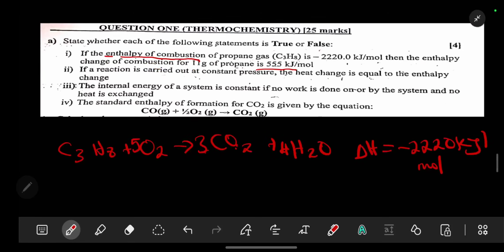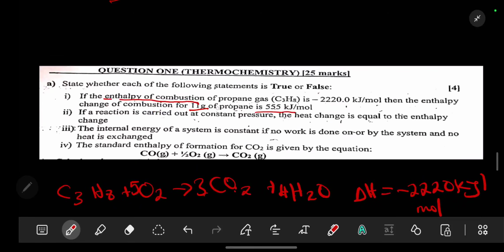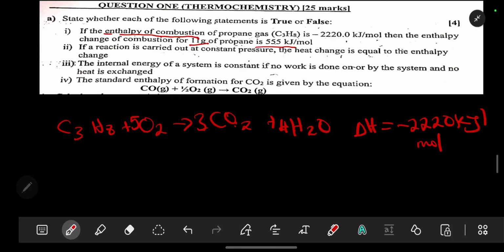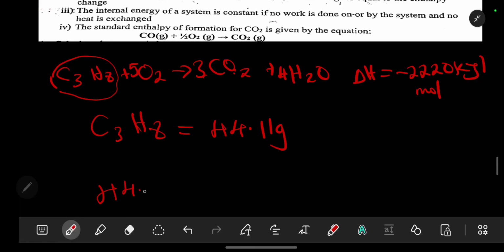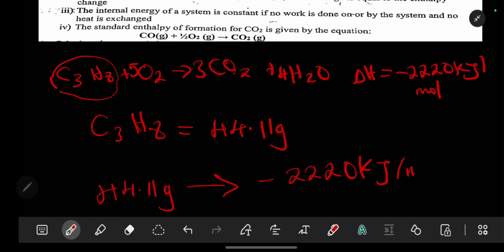So how about if you have 11 grams? Same approach. You find the molar mass, and treat it as your physical mass. We have already dealt with such; it was giving us 44.11 grams. Get your 44.11 grams, equate it to the value, which is negative 2220 kilojoules per mole.